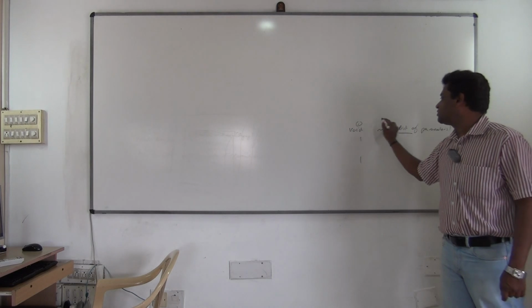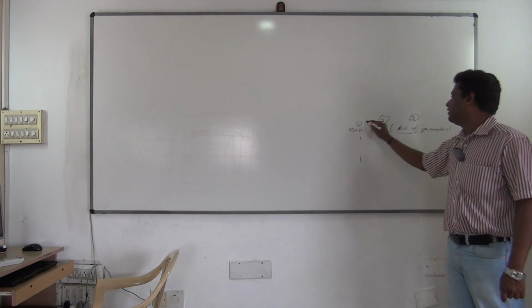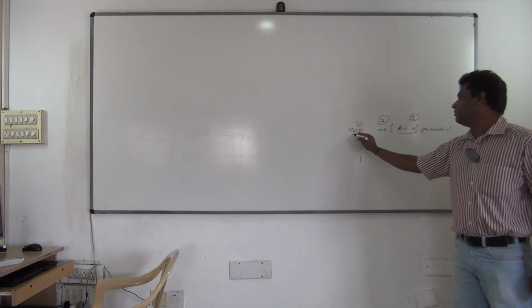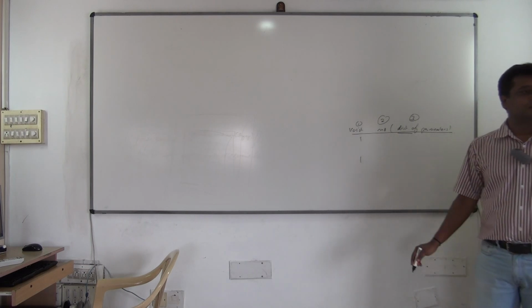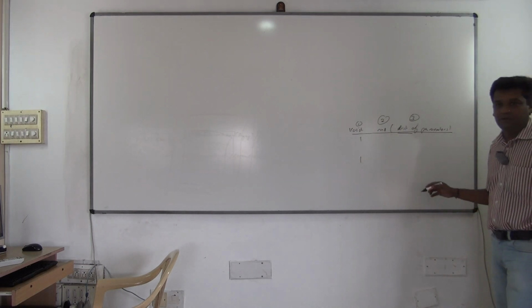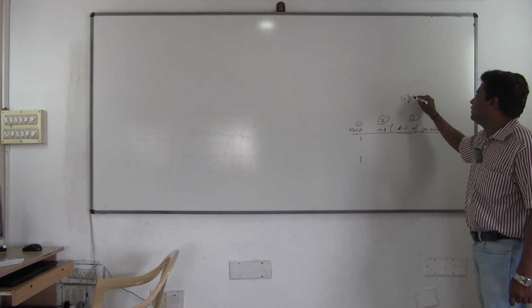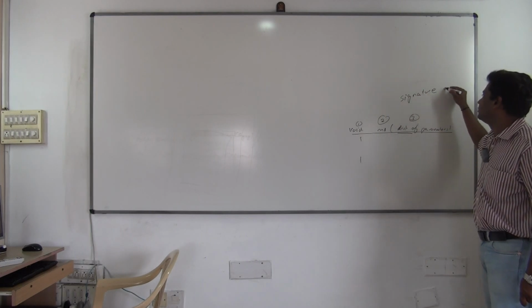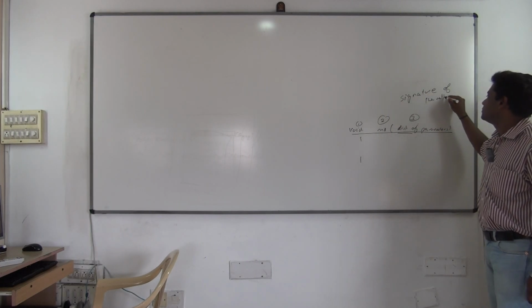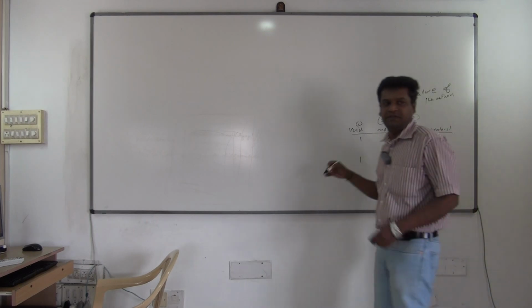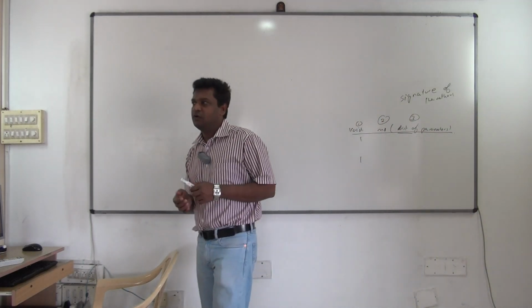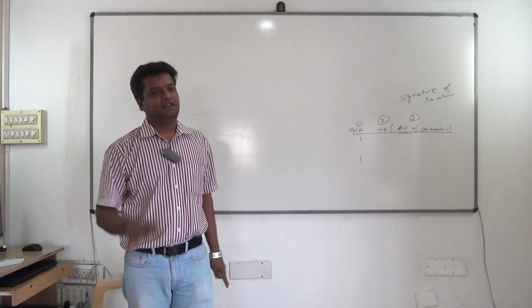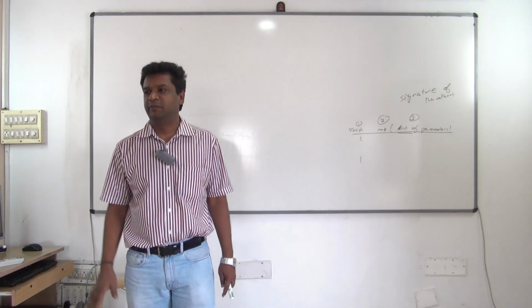These 3 things put together, return type, name, list of parameters, make the signature of the method. You know signature, you sign, it's the same thing. To invoke a method you should know the signature. Remember that, otherwise you can't invoke the method.